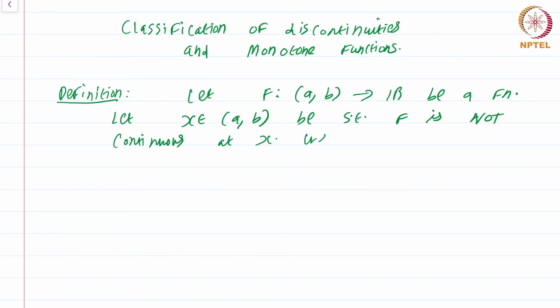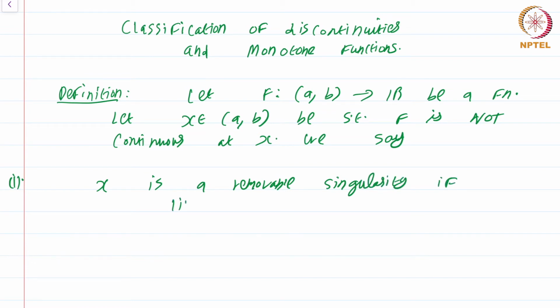We say, number one, x is a removable singularity if the limit as y tends to x of f of y exists but is not equal to f of x.